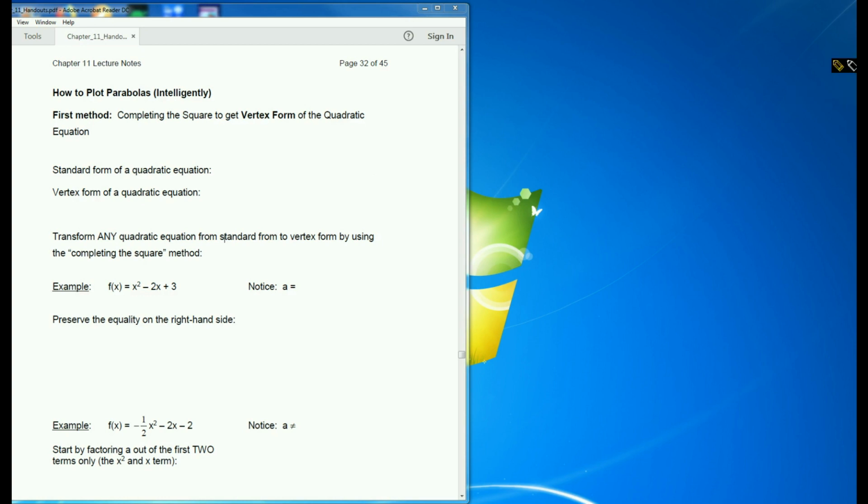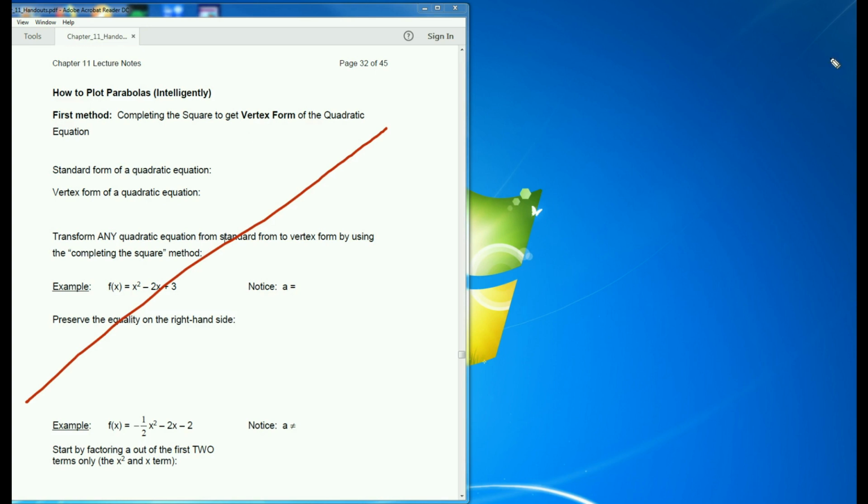Now, what we're not going to cover is this first method, okay? This completing the square to get the vertex form of a quadratic equation. I was looking back at our department syllabus, and that method comes from section 11.5, which specifically is not in the syllabus.